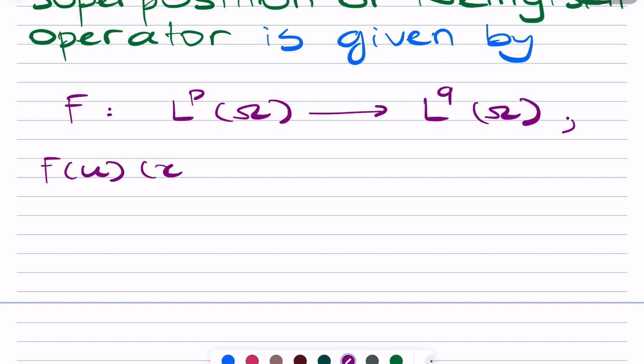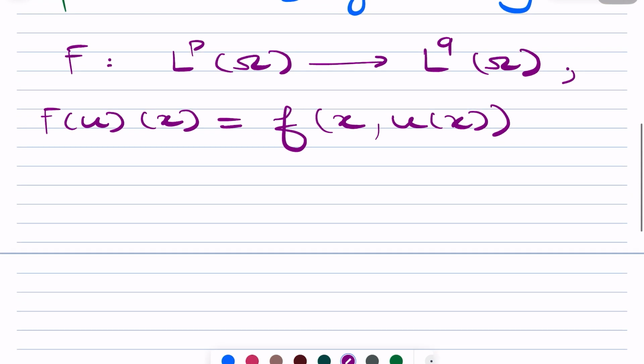Because f of u is an element of L^q of omega, it maps an element of omega into R. So capital F of u of x is equal to little f at x comma u of x, for almost every x in omega, of course.